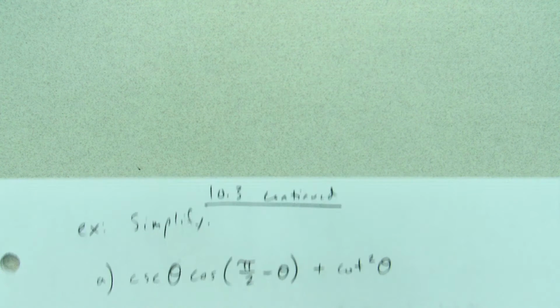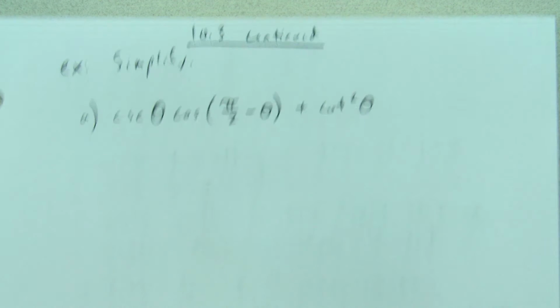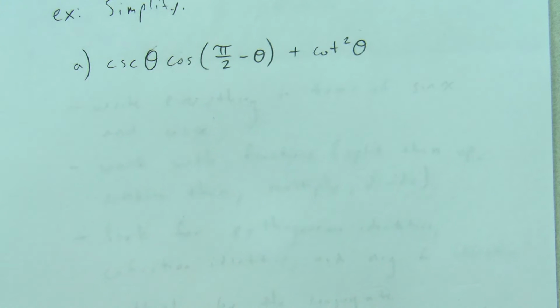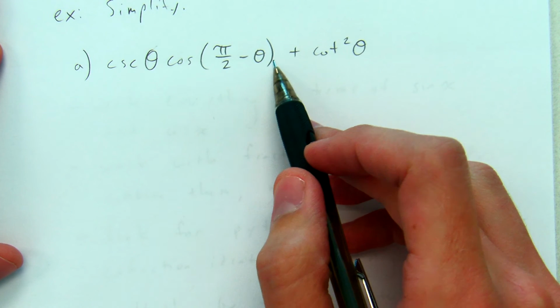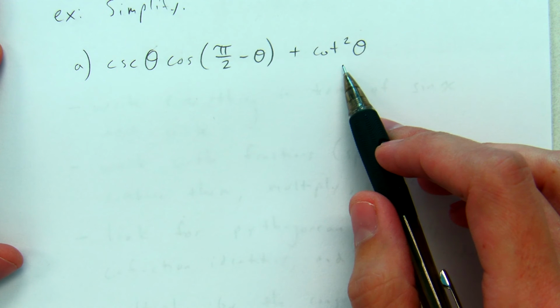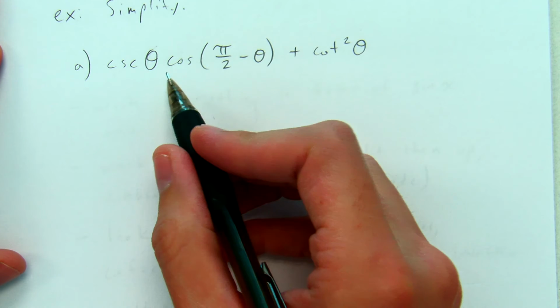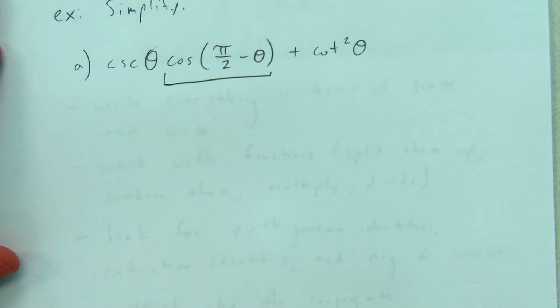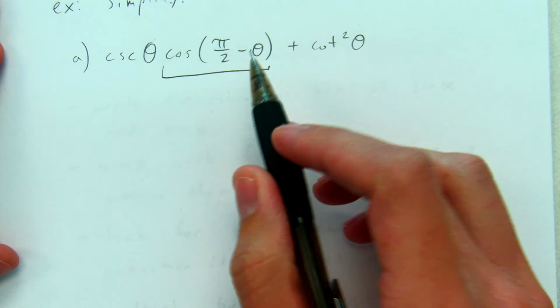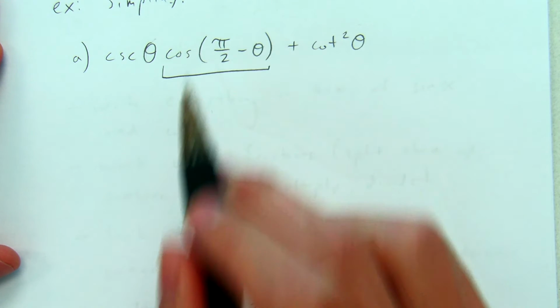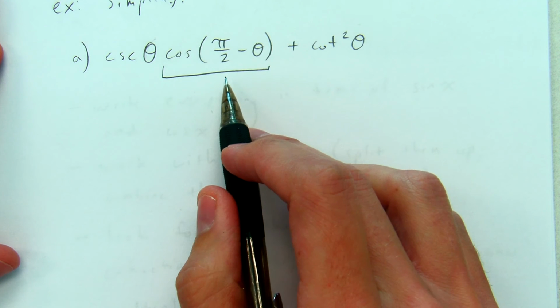The first expression that we're shown is cosecant of theta, cosine of pi over 2 minus theta, plus cotangent squared theta. Now this should look like something from the book. Again, I'll give you these formulas on the test, but this is one of my cofunction identities.